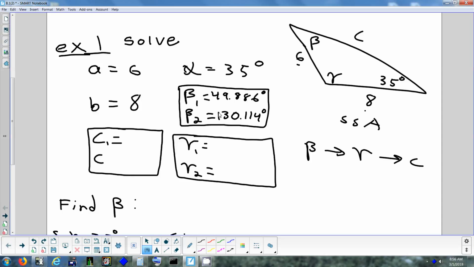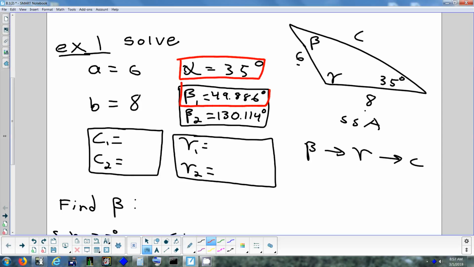we're going to have 2 answers for C. You don't get 2 answers for the given stuff. What was given is given, that's just the way it is. There's only 2 answers for what you have to find. And if you're wondering, well, what sides and what angles are in the 2 different triangles? Alpha is going to be, we'll call it the red triangle.